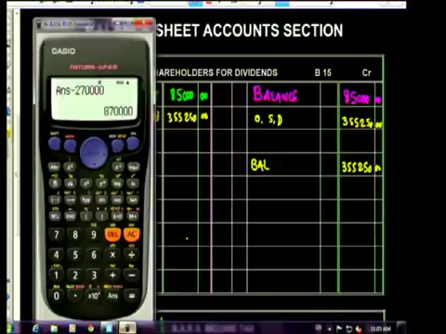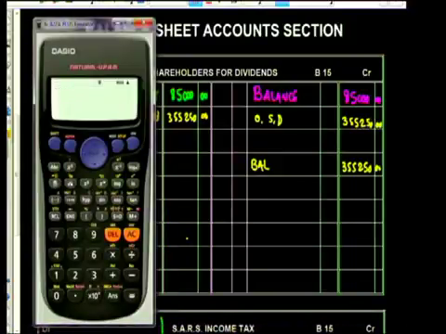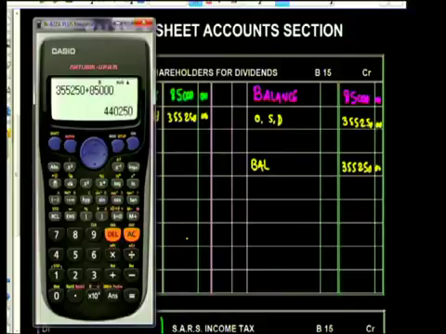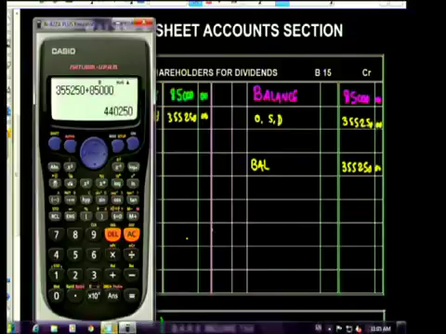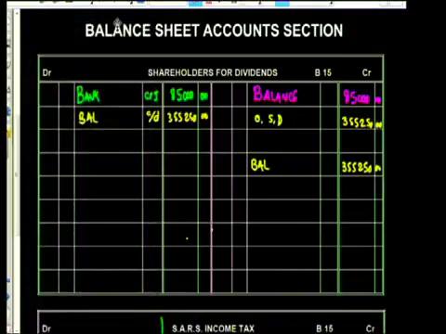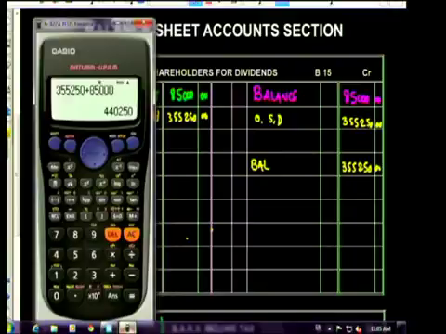Okay, if you want to, let's put in the total so you can clearly see it. It's 355,250 plus 85,000, and the totals are 440,250. So let's get that figure again. 440,250.